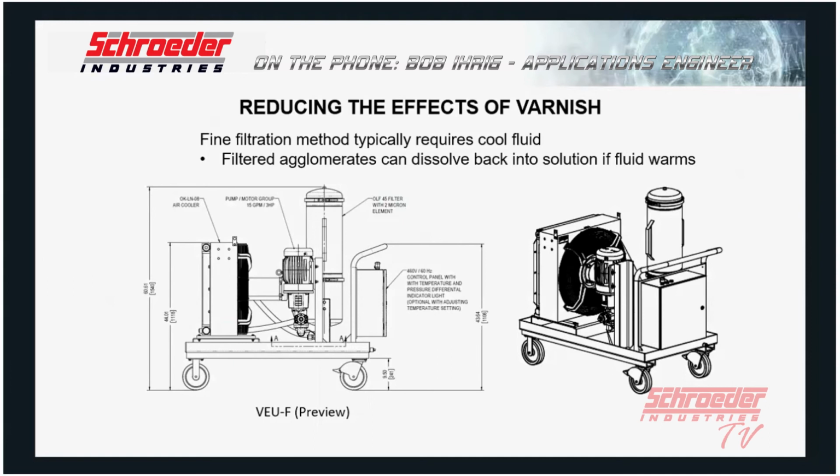We're previewing, it's not officially introduced, the VEU-F unit, which is basically the MTS or the OLF series filter unit, adding an air-cooled heat exchanger to the circuit. So this gives us a little bit more control as far as fluid cooling and helps the varnish agglomerate to the point where it can be captured and filtered out mechanically by the fine filtration.